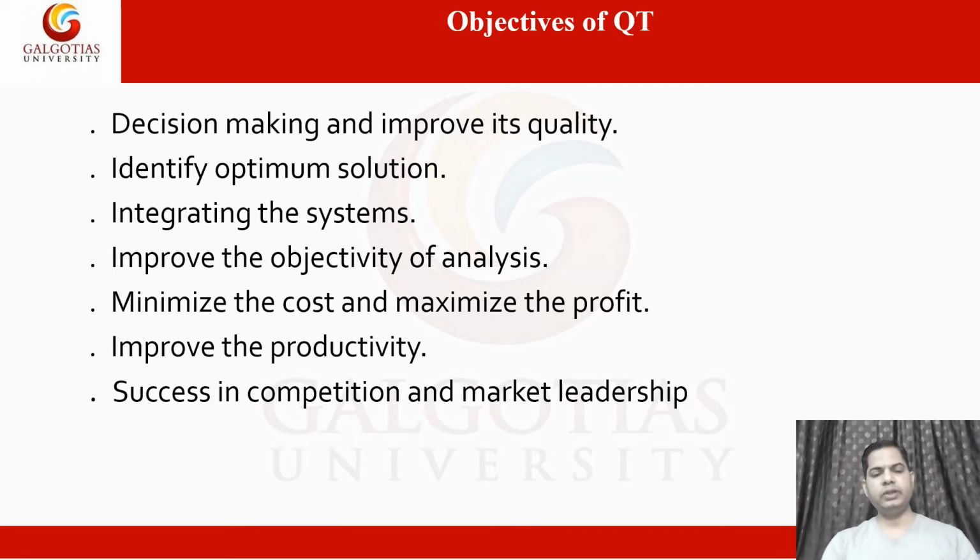Nobody will say that you minimize the cost or maximize the profit. If they are talking about the terminology of cost or profit, they would just say that you optimize the resources or optimize the result. That is the understanding of the people who are going to solve the problems. So the very first objective of QT is that it is used for decision making and improves its quality.